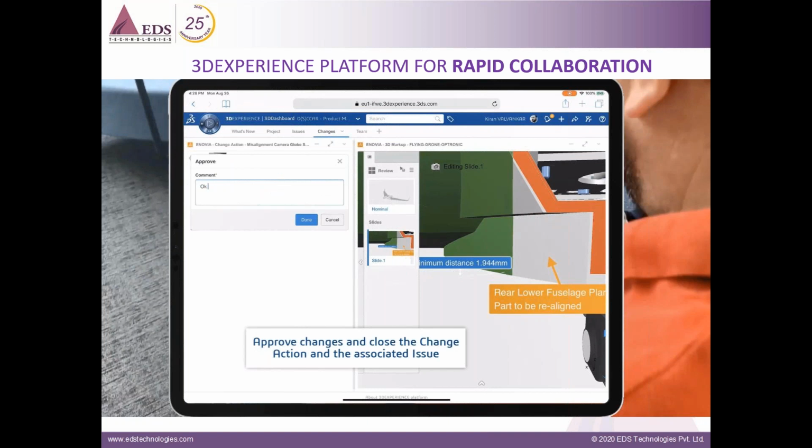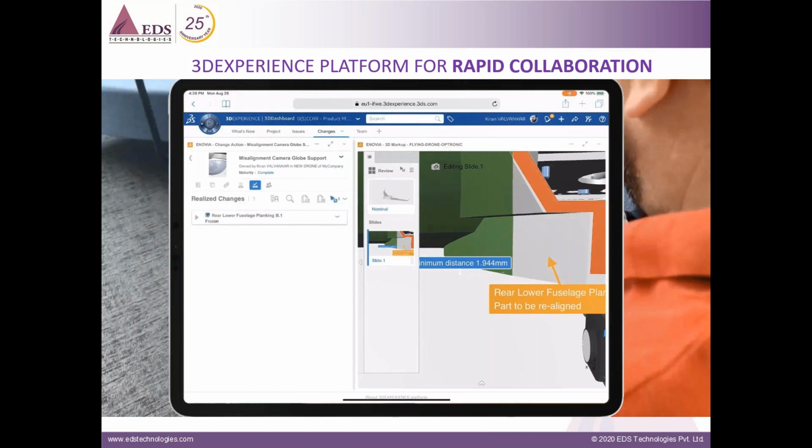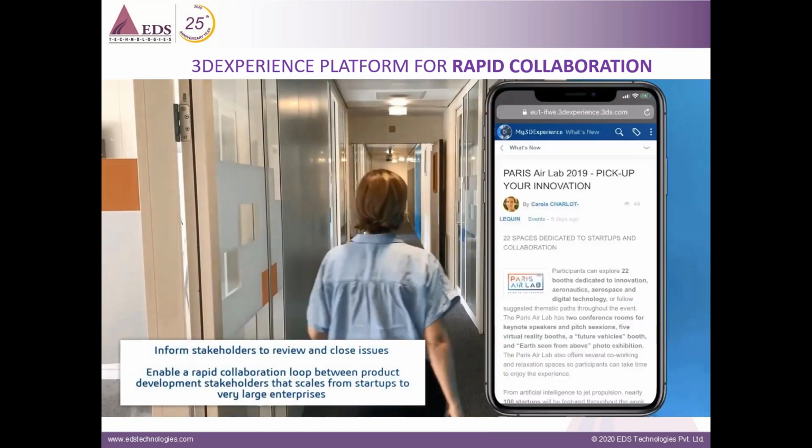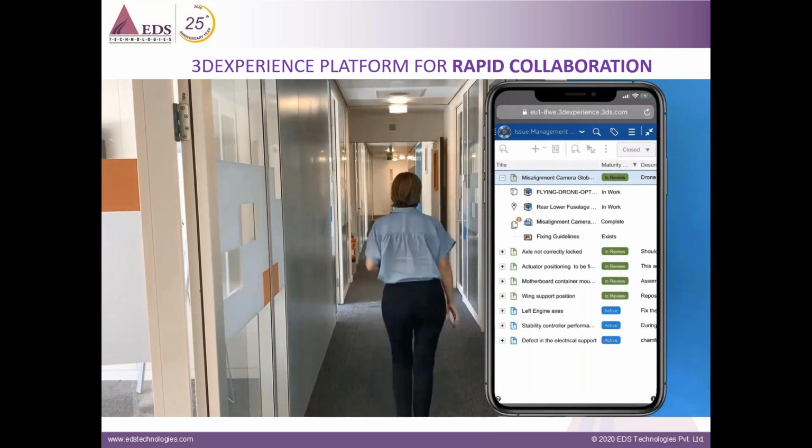Great work, Jacques. Kieran approves the change. Automatically, Carol is informed that the issue is now fixed. This kind of fast collaboration loop enables collaborative industry innovators to execute distributed and agile industrial processes, scaling from startups to very large enterprises.